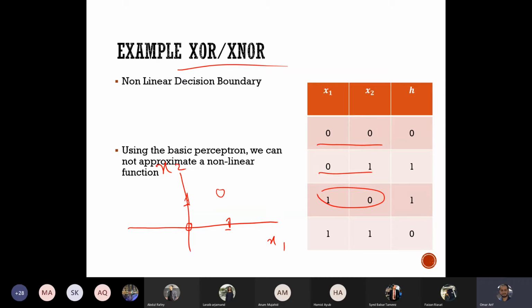So as we discussed before, what we are going to do is to stack the neurons together and build a network of neurons, which we are going to call the artificial neural network.